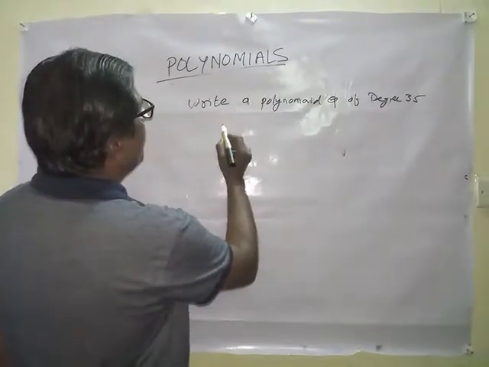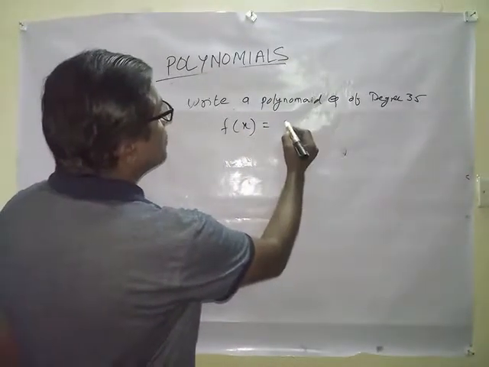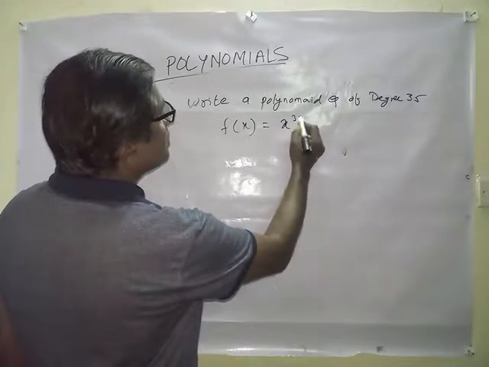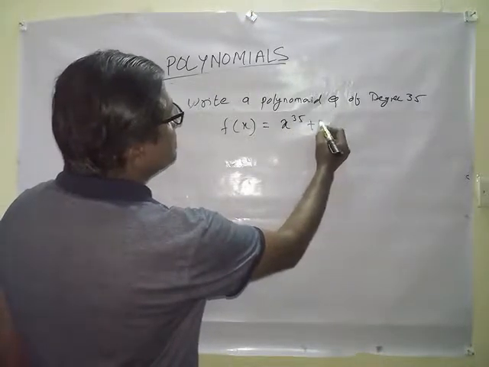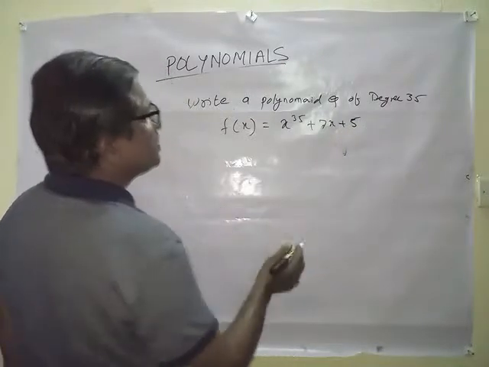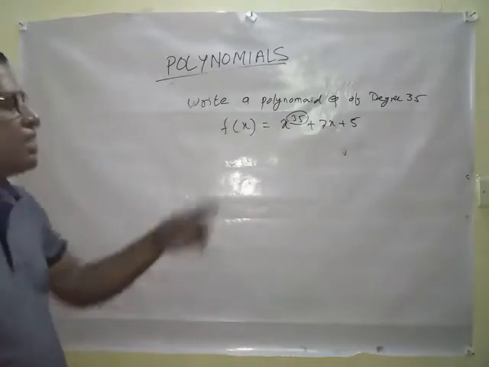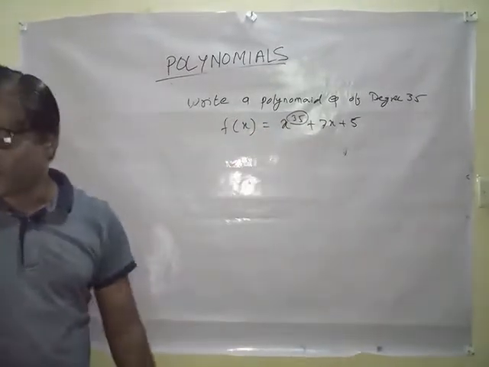So what you can write down here is x raised to power 35 plus 7x plus 5, whatever you feel like, but make sure the highest exponent is 35.